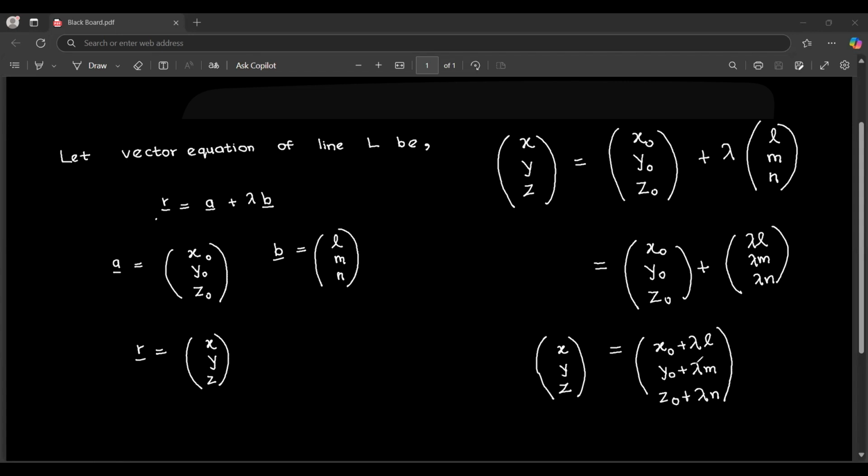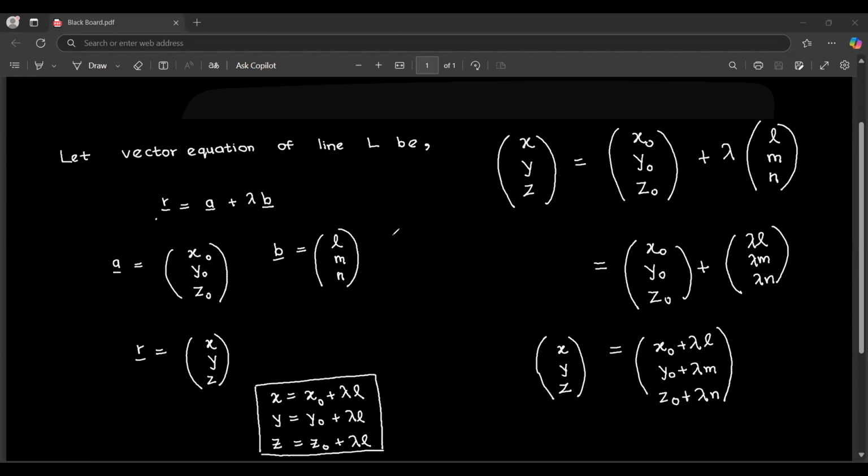So by using this, I can say x equals x0 plus lambda l. Similarly, y equals y0 plus lambda m, and also z equals z0 plus lambda n. So these are the parametric equations, the parametric form of a straight line.